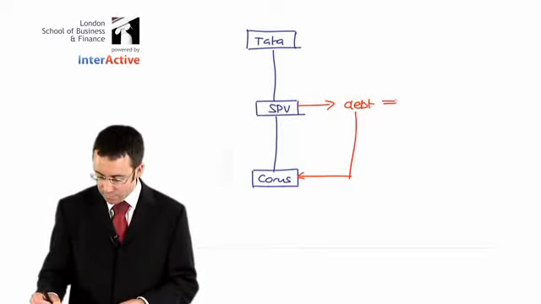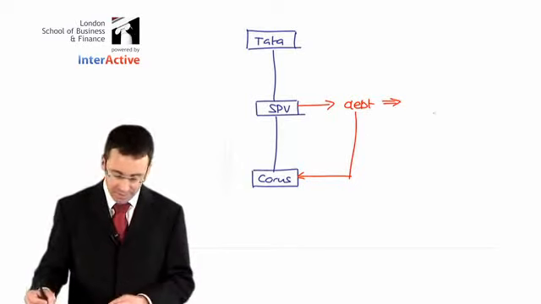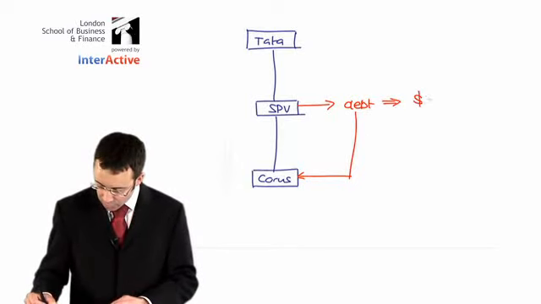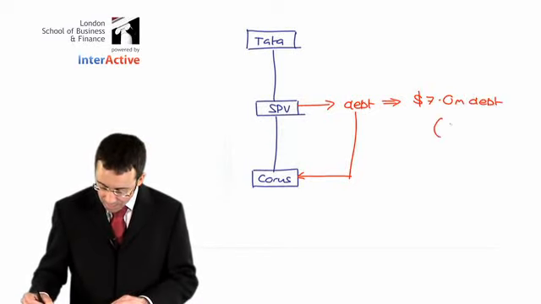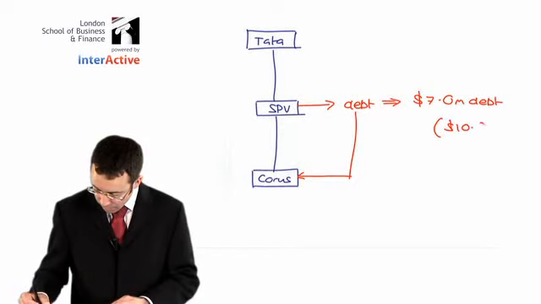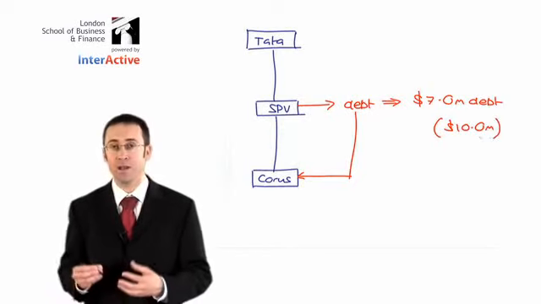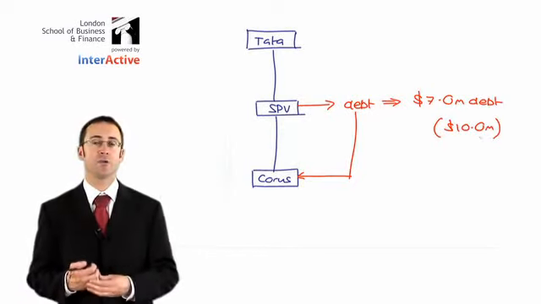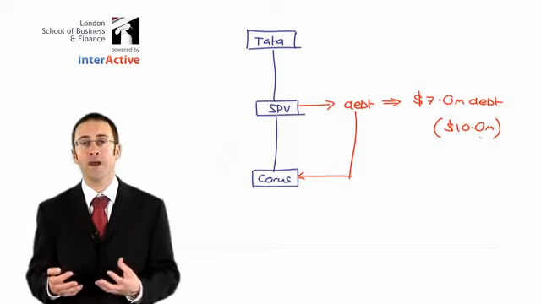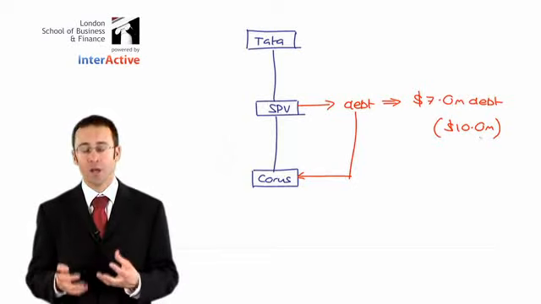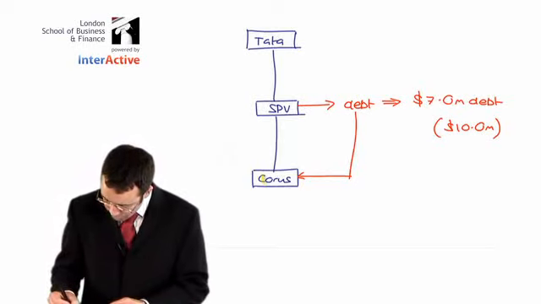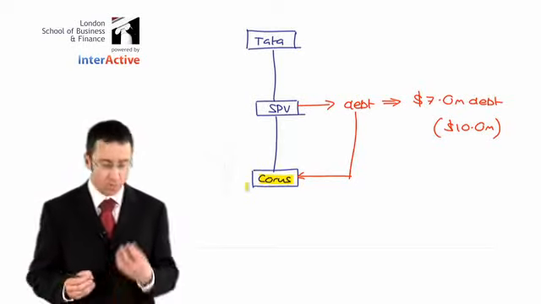So when we look at the amount of debt finance that was used by Tata, Tata used somewhere in the region of $7 million worth of debt out of a $10 million financed acquisition. Now, we need to start off by looking at Chorus.